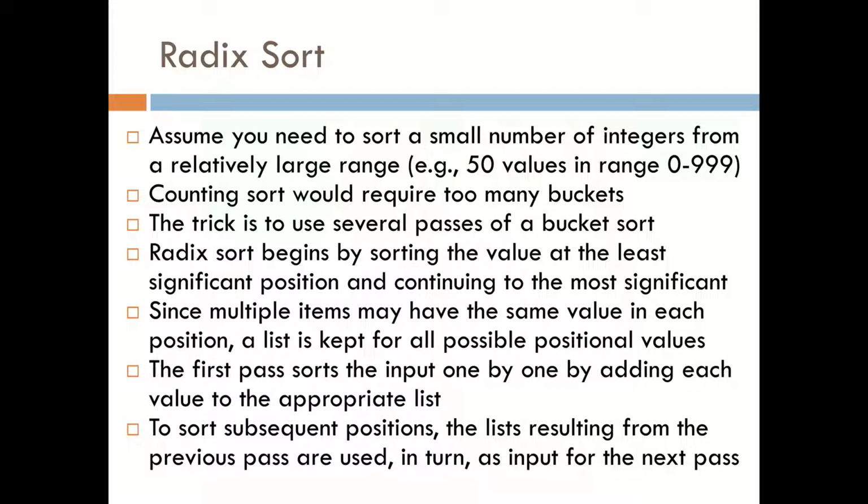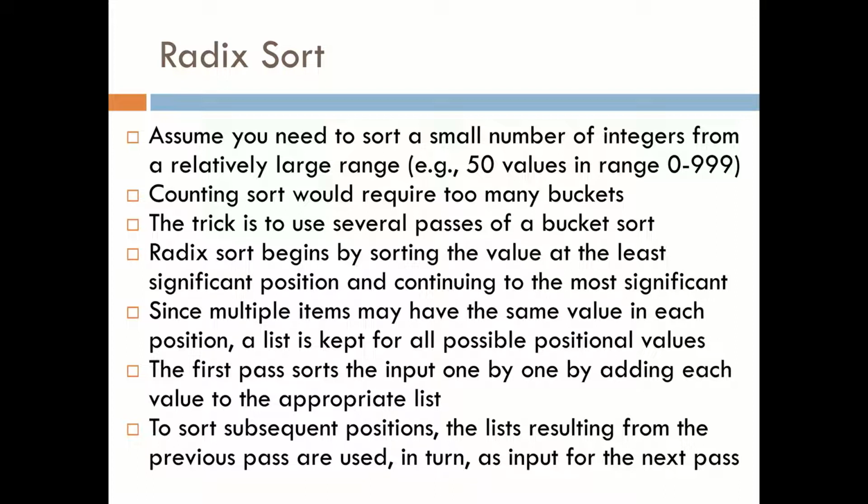Since we can have multiple values that have the same, say, ones digit, since that's the least significant position, we basically keep a linked list off of the array pointer, and we store the values there.